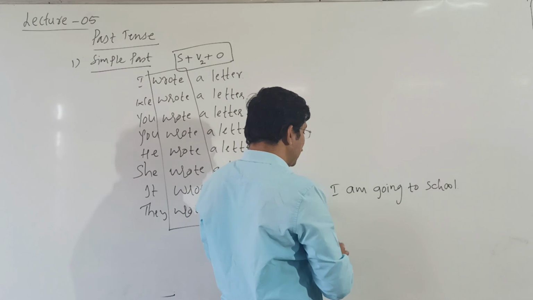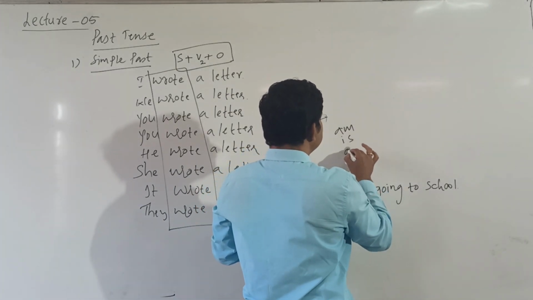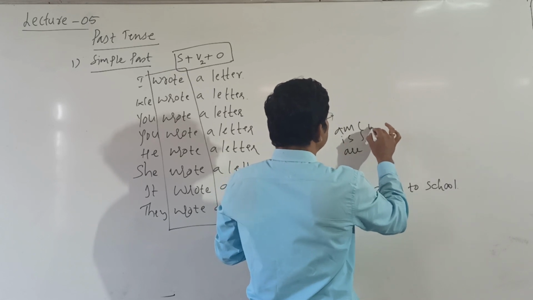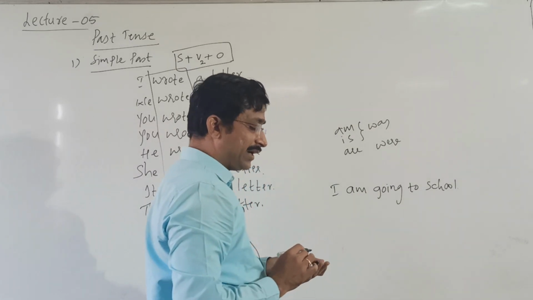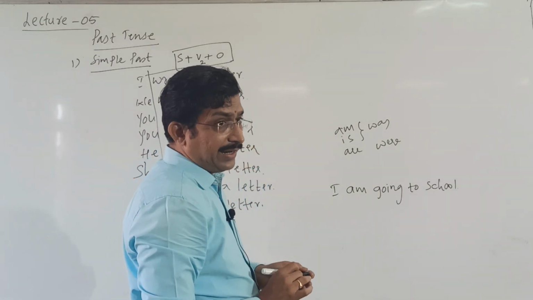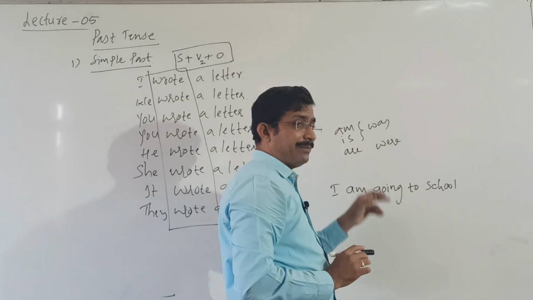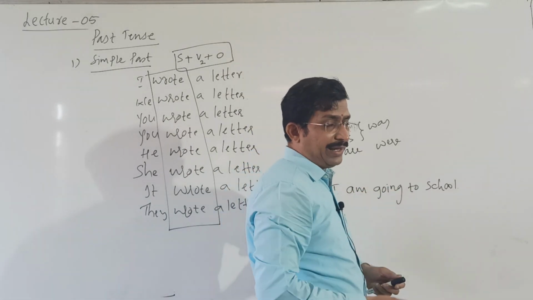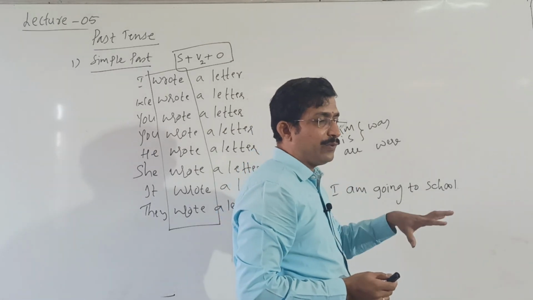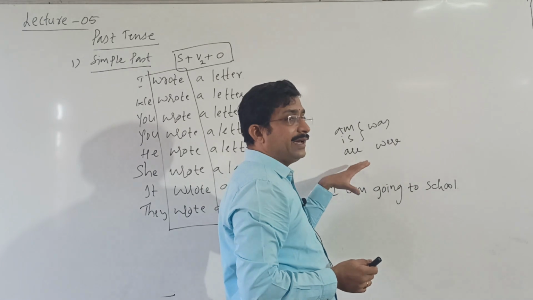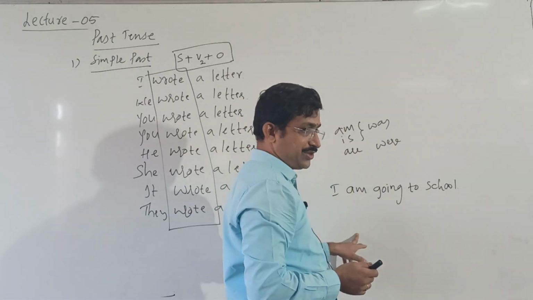The past of the be forms am, is, are becomes was, were. In our previous class, we covered auxiliaries or helping verbs: primary and modal auxiliaries, do forms, be forms, have forms. Here, be form am becomes was.